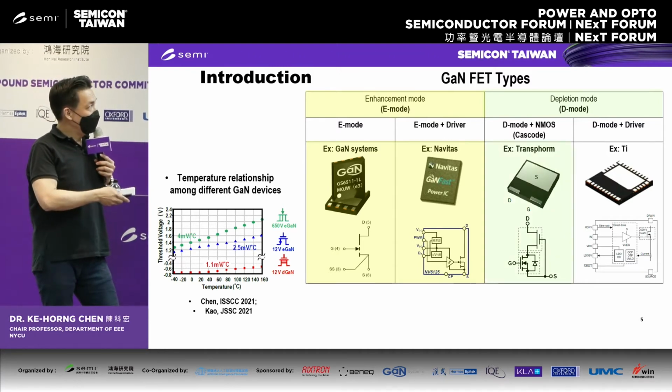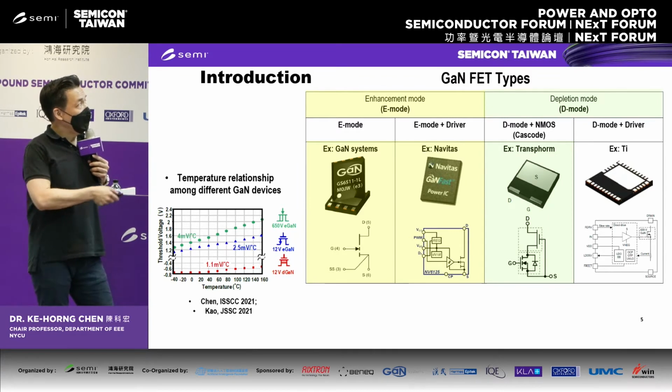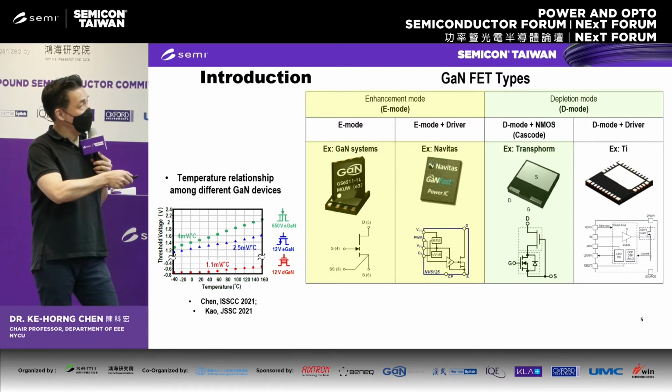On the other hand, if we see the products from the dGaN solution, there are two solutions provided by two companies. One is the cascode structure from Transphorm.